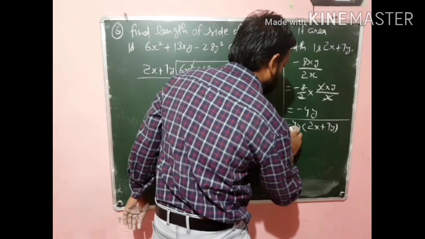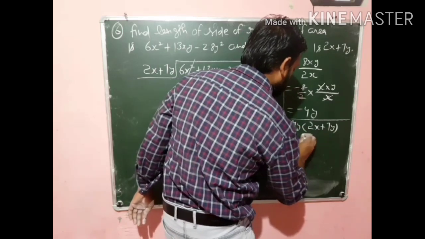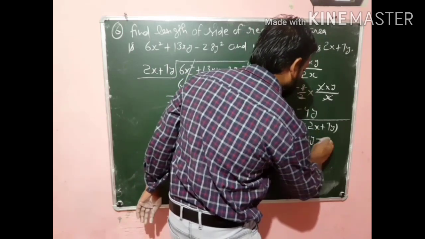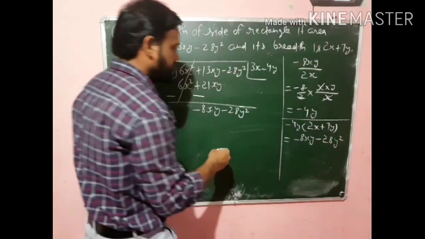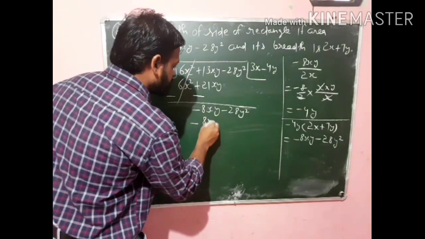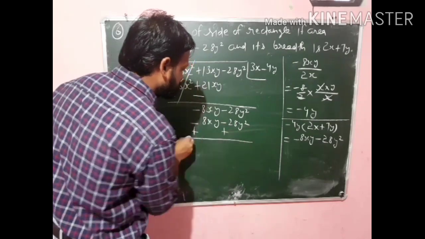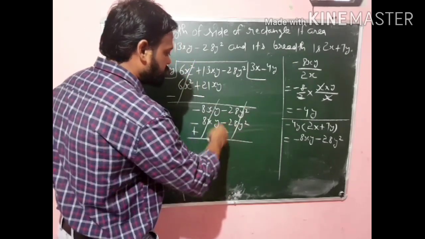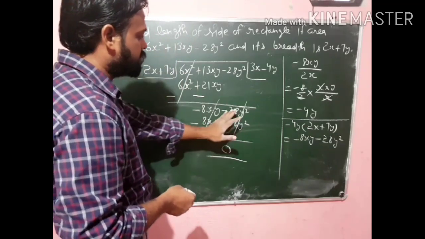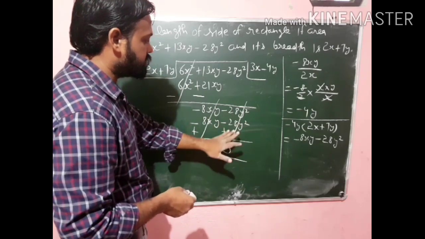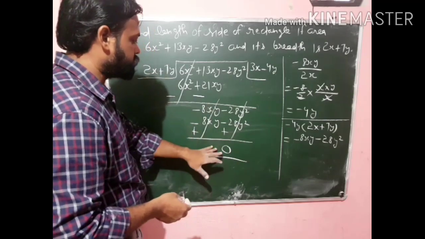Multiply minus 4y with each term: minus 4 twos are 8xy, and minus 4 sevens are 28, y into y is y square. So write down here, it will become minus 8xy minus 28y square. Change the signs again like this. Now both terms are cancelled, because the terms have opposite signs and the terms are the same. Now you can see we got the remainder as zero.